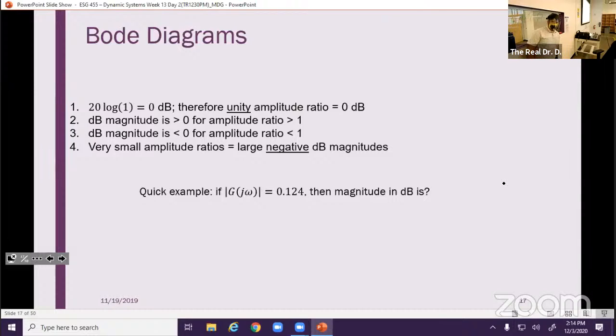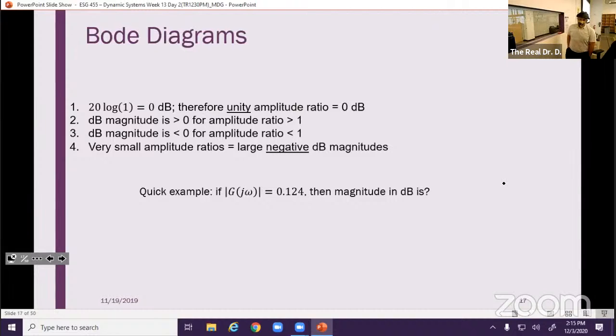If you have an amplitude that's a decimal between 0 and 1, it's going to be a negative dB. Anything larger than 1 is going to be positive dB. Anything correlating to a negative decibel level indicates that we are attenuating our signal, so we are reducing it. Very small amplitude ratios equal very large negative dB magnitudes.